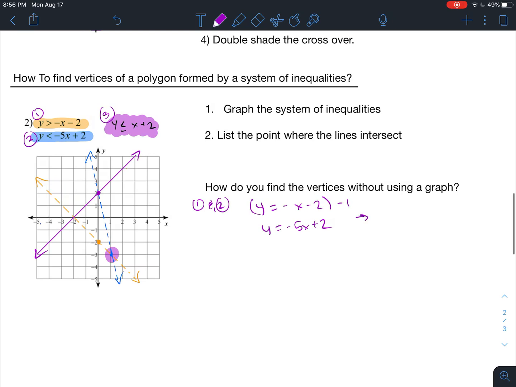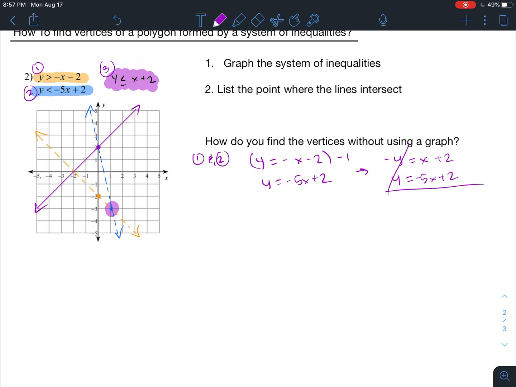So then this would be -y is equal to x plus 2, and this is y is equal to -5x plus 2. Now we can add these. Those cancel out, and then we get 0 is equal to -4x plus 4.